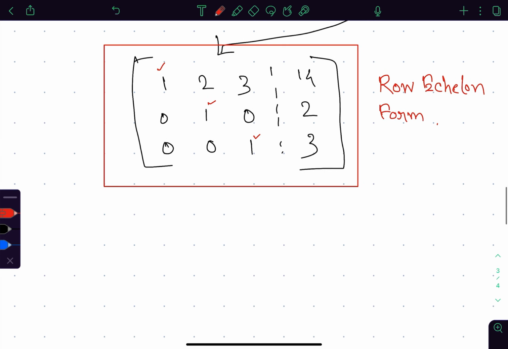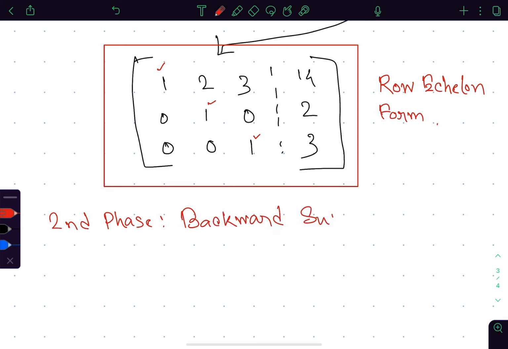Now, as part of the Gauss-Jordan elimination procedure, we need to do further simplifications, as in we have to move forward to the second phase, that's called backward substitution, correct?